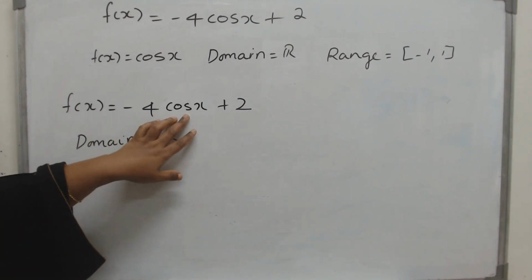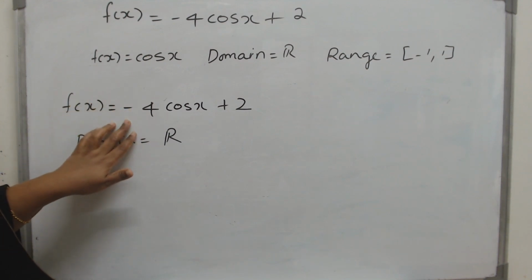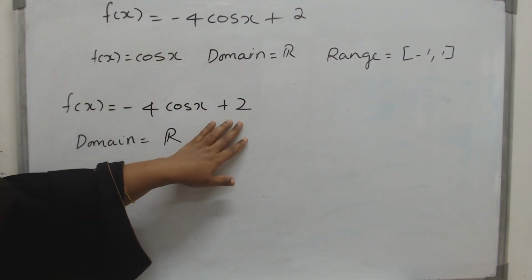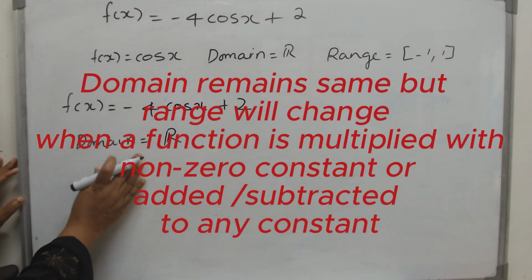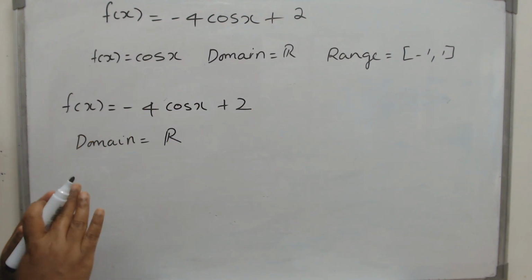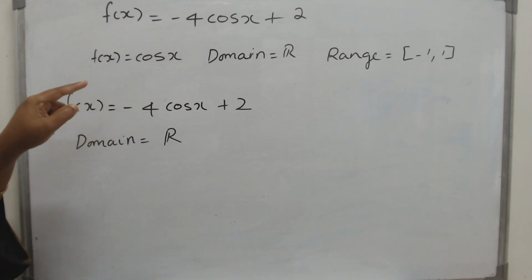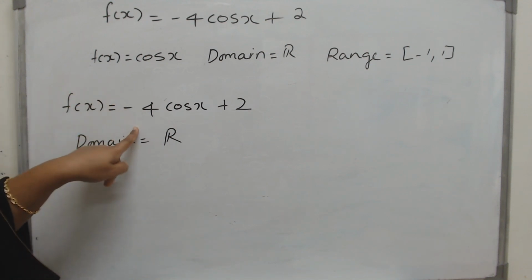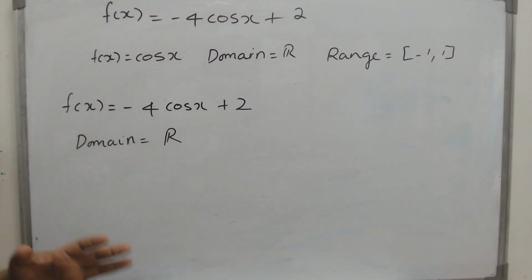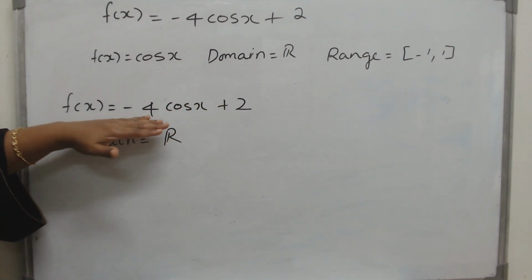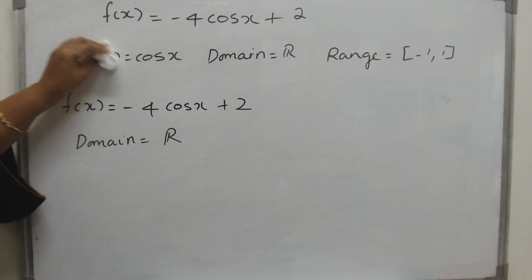Whenever you have a function and you multiply it with a non-zero constant, you add a constant, you subtract a constant, the good news is that the domain remains as it is. We are only multiplying with a non-zero constant, and only adding a constant. So the domain of this function is the same as the domain of a plain cos x.